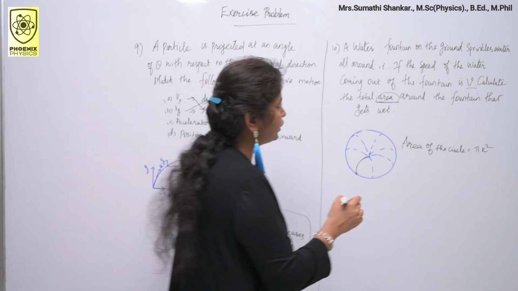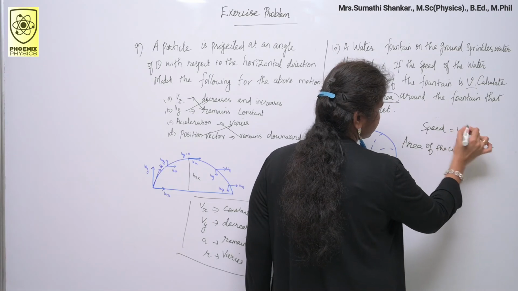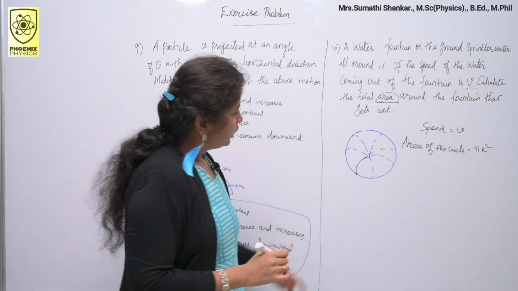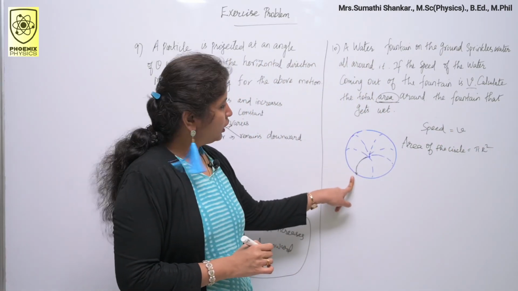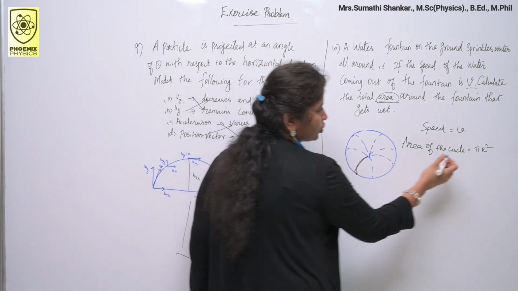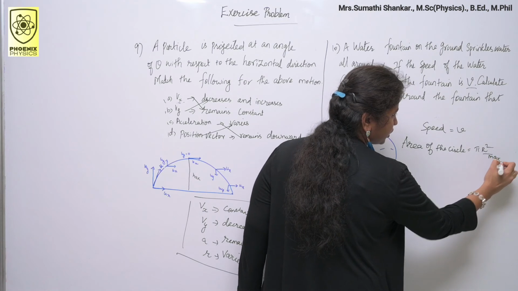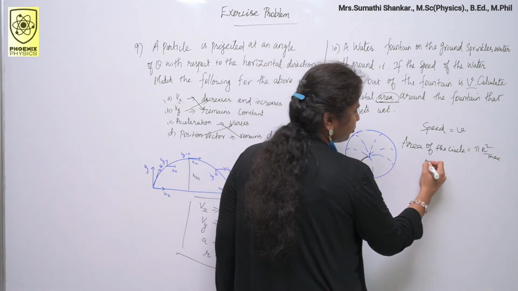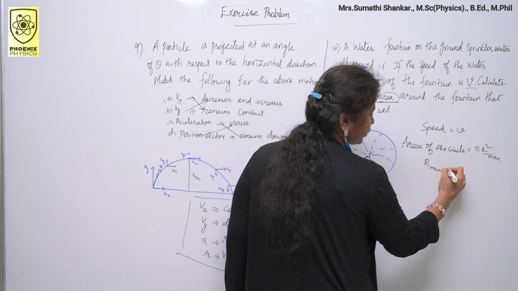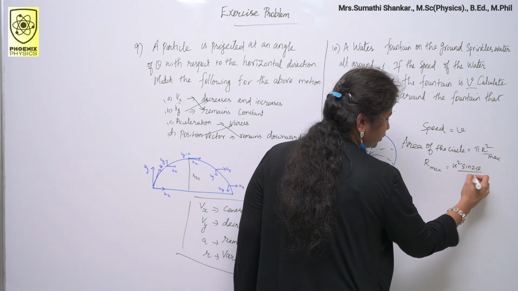Here what is given? Speed is given. Speed is equal to V. Now this is our maximum, similar to our radius also. So instead of r, you should write r max. What is the formula for r max? R max is equal to u square sin 2 theta divided by g.